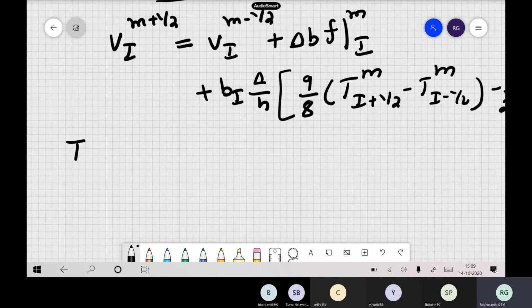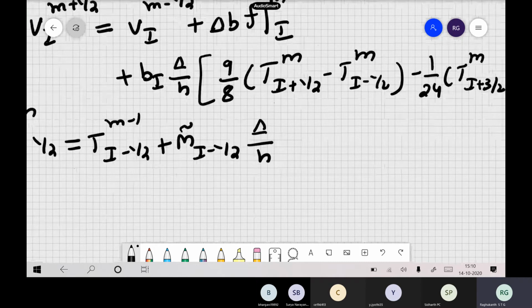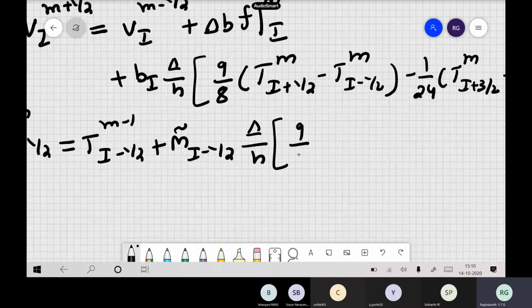Now for the stress equation, the stress strain, where the viscoelastic part comes in, the equation will be: Tm minus 1 i minus half plus m hat, the unrelaxed modulus which we have, i minus half, delta t by h. Wherever there is a spatial derivative, we write fourth order.